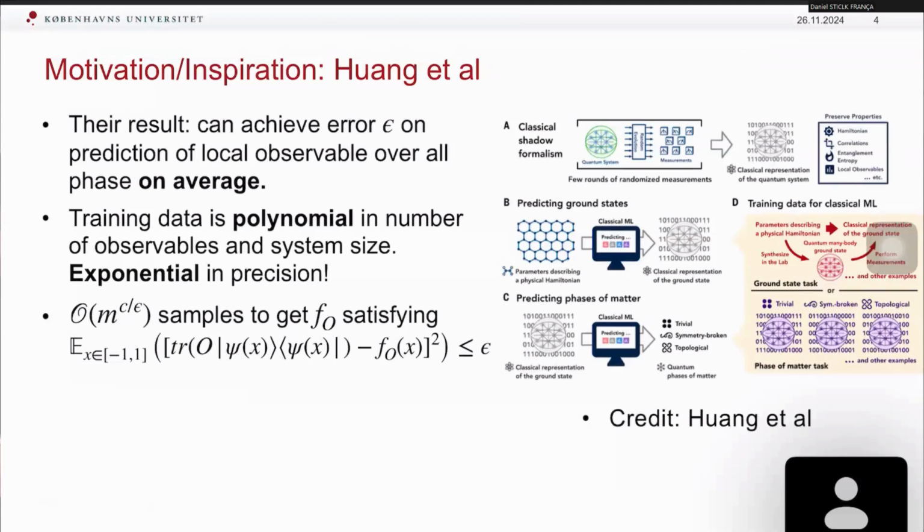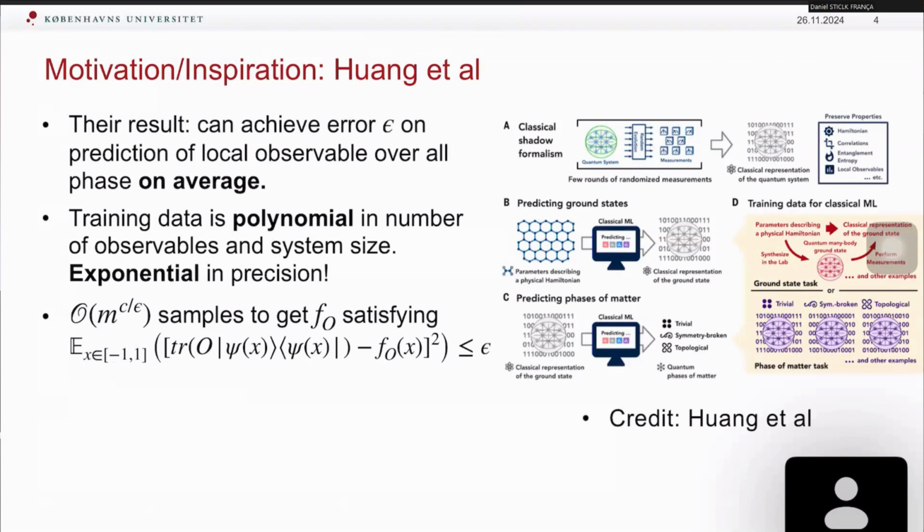So in formulas, they can train some model with the promise that this function f of O satisfies that the square of the error I make on average over all the ground states is going to be smaller than some epsilon. So on average, this function you're going to learn performs reasonably well, which is quite interesting.